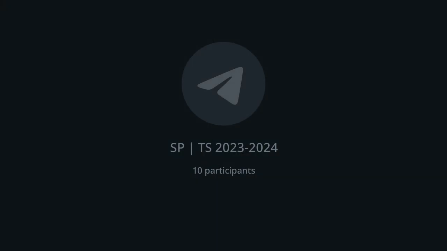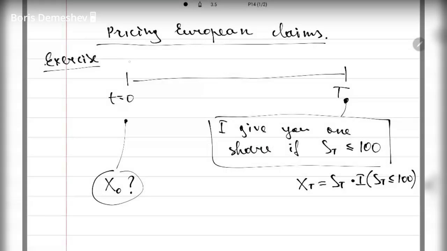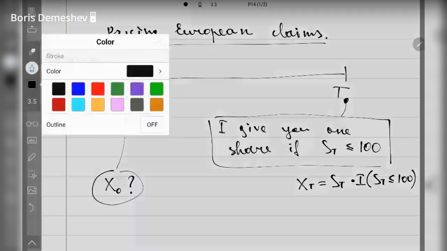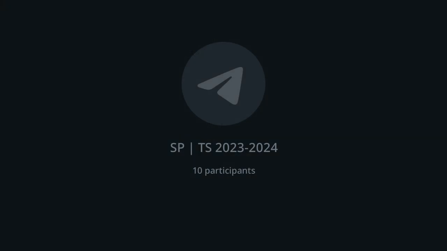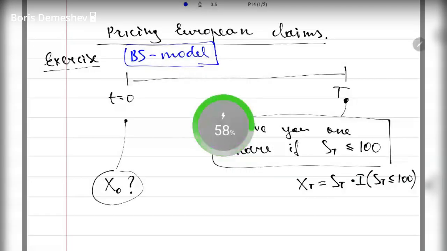Let's recall. I suppose that we are in the framework of the Black-Scholes model, because there are some other extensions. Let's suppose that we are inside the Black-Scholes model. That's a small world, but that's already enough to calculate the price of the asset.